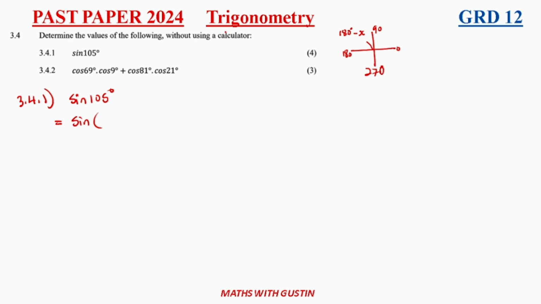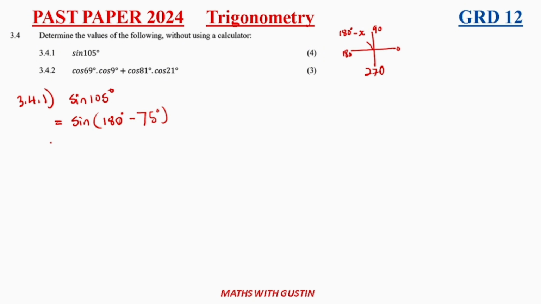All right, so this one you can say 180 minus something. All right, minus something must give us 105. Okay, so you can see definitely it is going to be minus 75 if you want to get there.